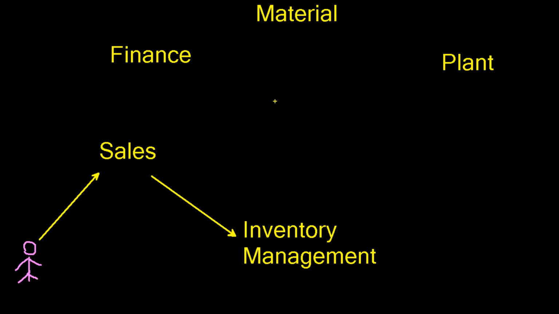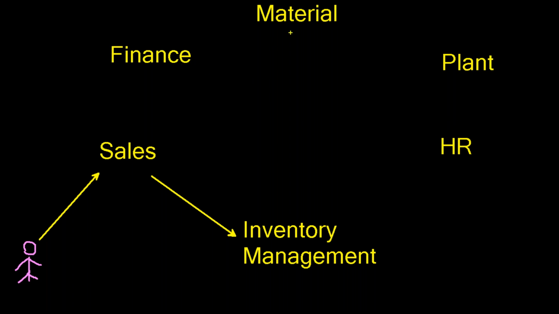The finance team says they don't have the permission to release the funds for raw material. So the inventory management team approaches HR. Finally HR gives the permission to release the funds, and the finance team releases the funds.